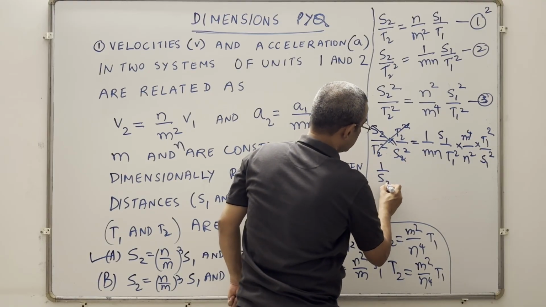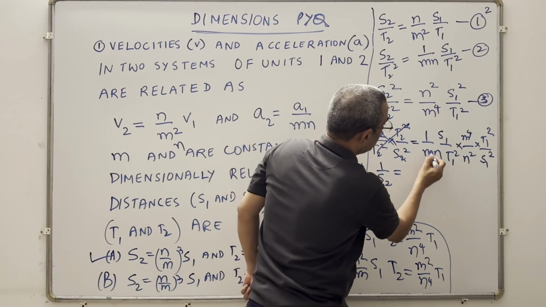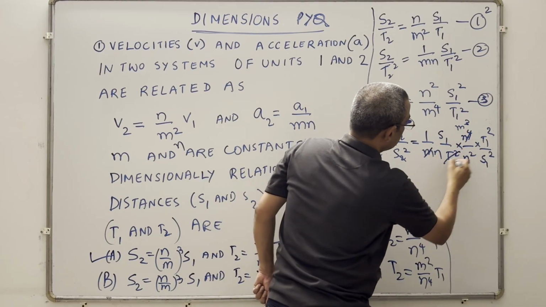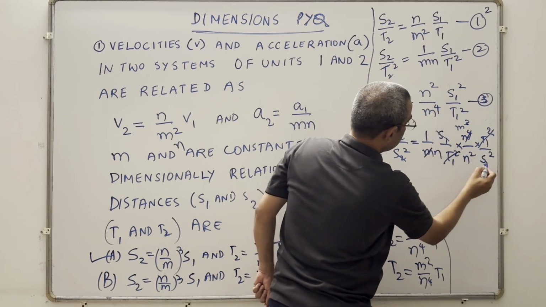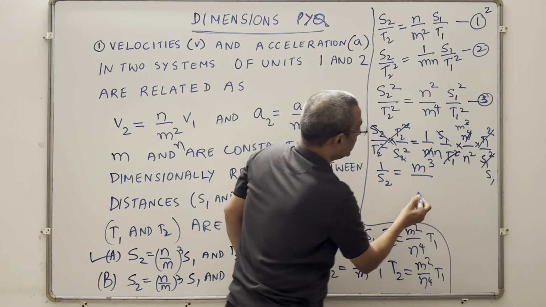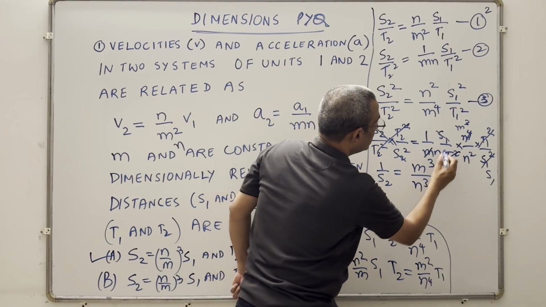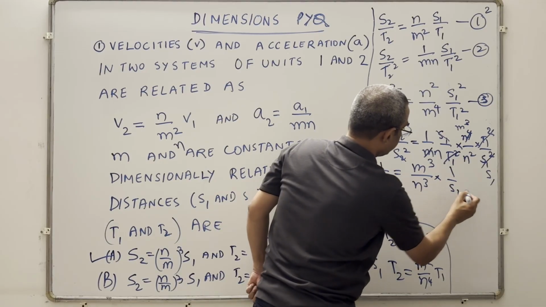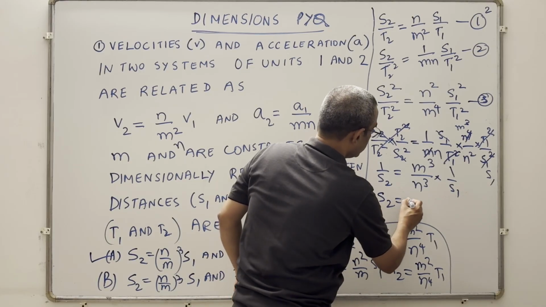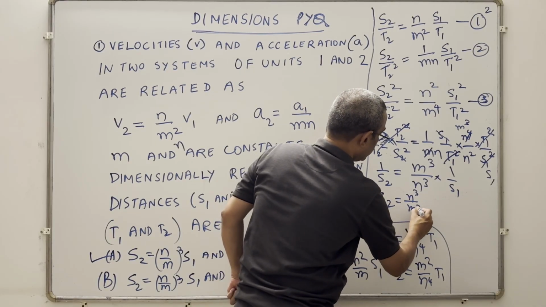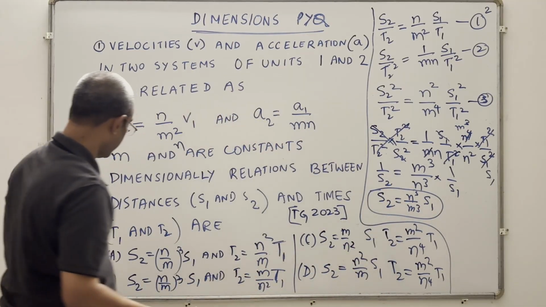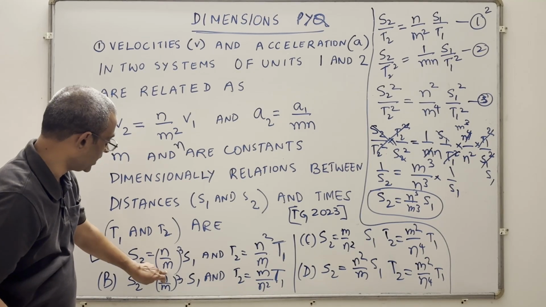So we have 1 by S2 is equal to m cube, and T1 square gets cancelled and here we have S1 remaining. So we have m cube by n cube into 1 by S1. If we turn this upside down, we get S2 is equal to n cube by m cube into S1. So this is our final result: S2 is equal to n cube by m cube into S1.